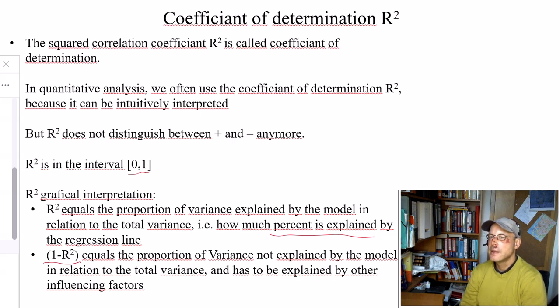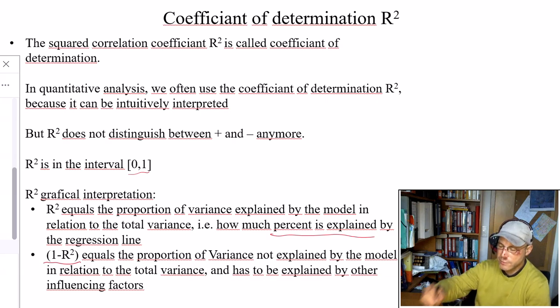And this is more or less the reason why we more often use R squared and not R, because of this graphically nice interpretation.